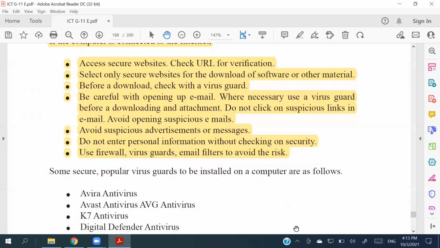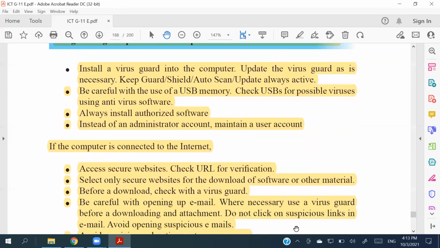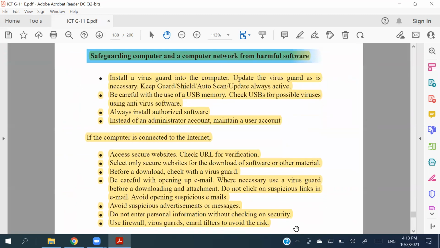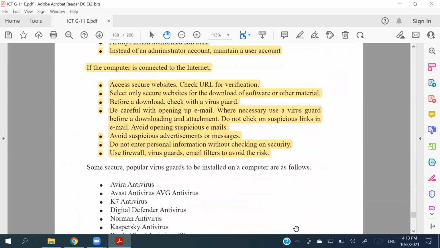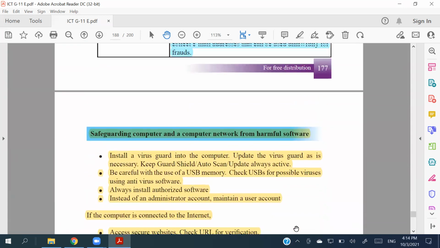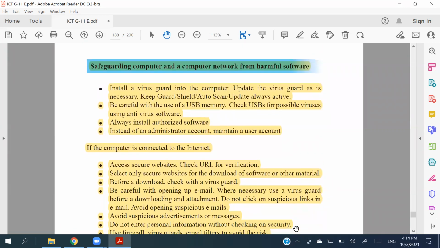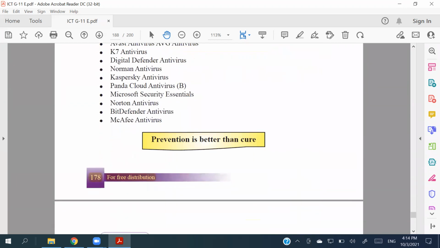You don't need to write the examples for the antiviruses, right? Just this particular thing: safeguarding a computer and a computer network from harmful software. There are 8 plus 4, 12 points. So please write down those 12 points as homework, right? Please mark it in your book. The page number is 178. In page number 178, mark it as homework, right?